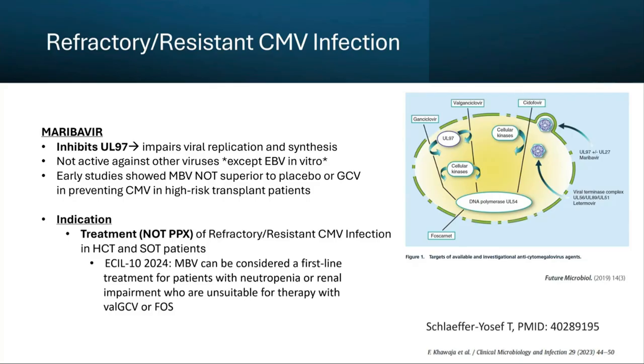Also remember that maribavir is not active against other viruses except EBV in vitro. So you still need to continue your VZV, HSV prophylaxis, even if your patient is taking maribavir.